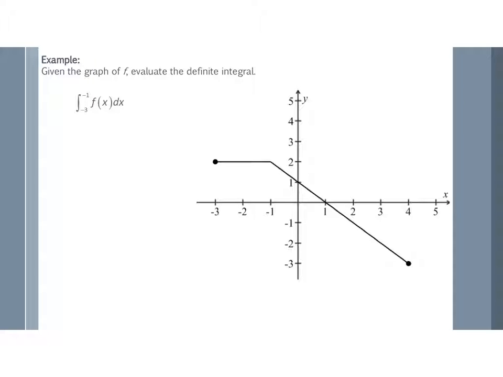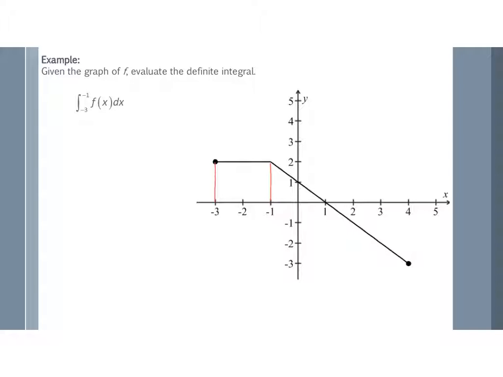So let's use these properties to determine the definite integral's value. So here we have the integral from -3 to -1 of f of x dx. So let's take a look at the graph. If we look at the limits of integration, we have x equals -3 and x equals -1.